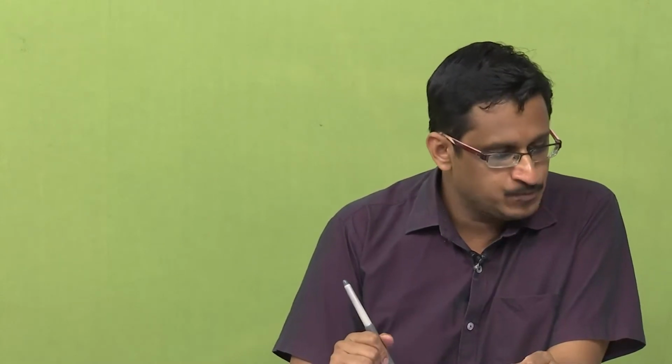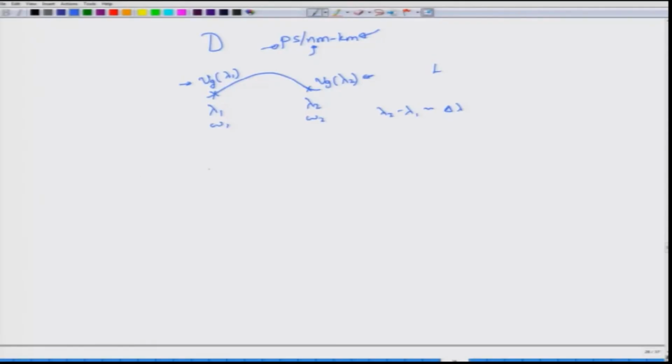So, for all that delta lambda, the delay in arrival time between the two edges of the pulse spectrum is measured by this dispersion parameter D. And this dispersion parameter D is related because D delta lambda L will tell you the total delay, correct. So, you have picosecond per nanometer kilometer multiplied by nanometer multiplied by kilometer. So, this will be the total delay, and in fact this delay is basically equal to tau g.